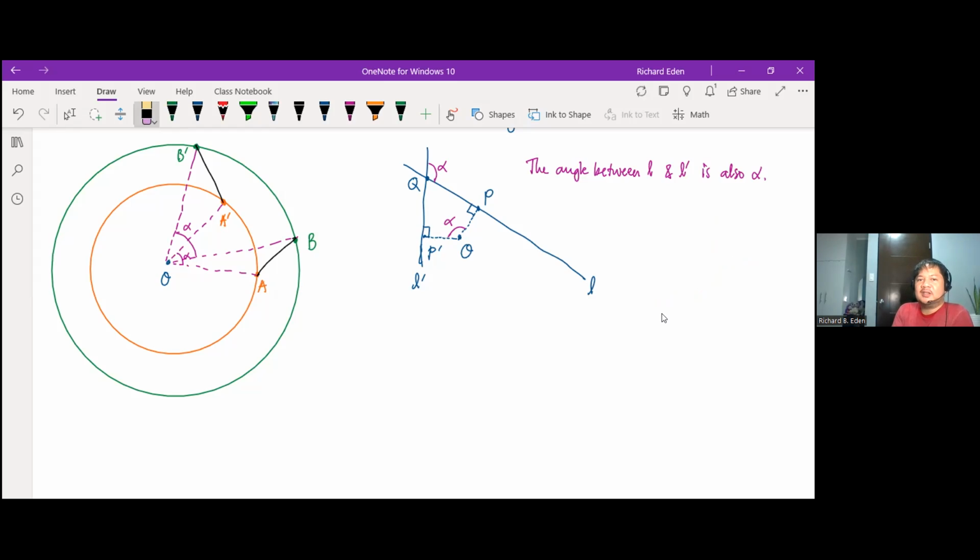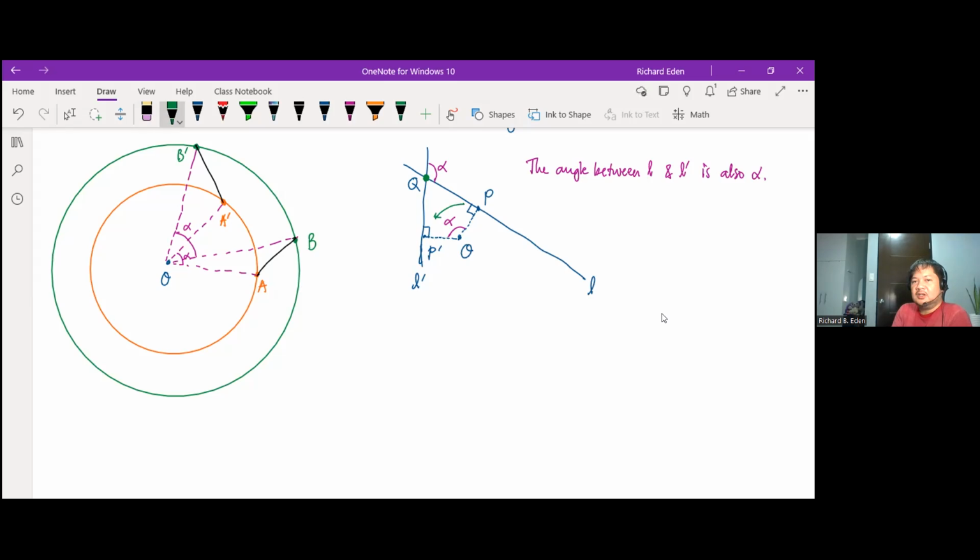The way I think about it is, if I look at this particular point of intersection, as you can see here, P moved to the left, at least in the way I drew this. So the way I'm thinking about this, the movement of line L is counterclockwise in this illustration.